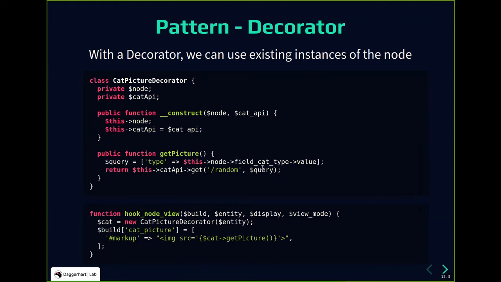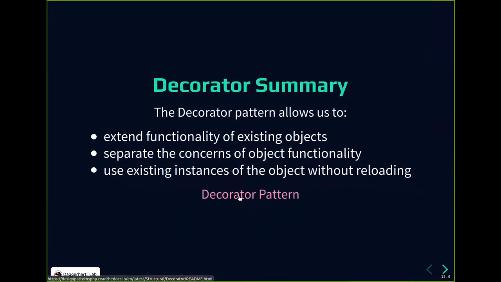I do have examples that we can look at in code, but just know that this decorator pattern I'm showing is for decorating data objects, and the value we're getting out of it is we're separating the concerns, the functionality of that data object. We're extending the functionality of that existing object in its current state, which is important. And we're doing this without reloading it. We're doing it very efficiently.